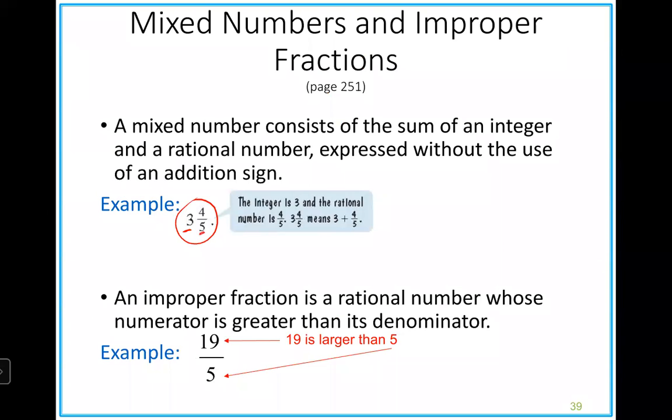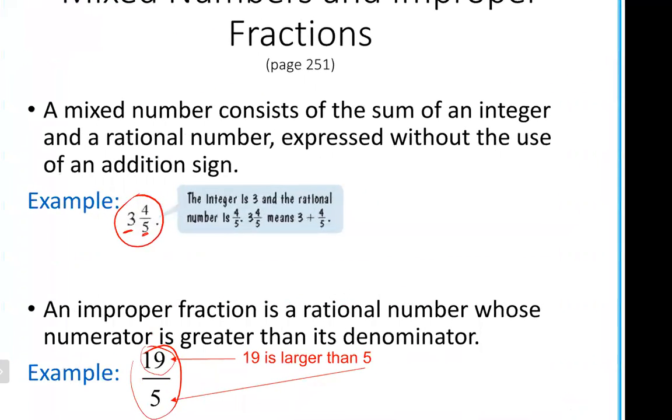And then of course, this here would be the improper fraction. An improper fraction is a rational number whose numerator is greater than its denominator. So if you have a number at the top which is greater than the number at the bottom, you have what is called an improper fraction. I think you should be familiar with that. I don't need to spend too much time there.